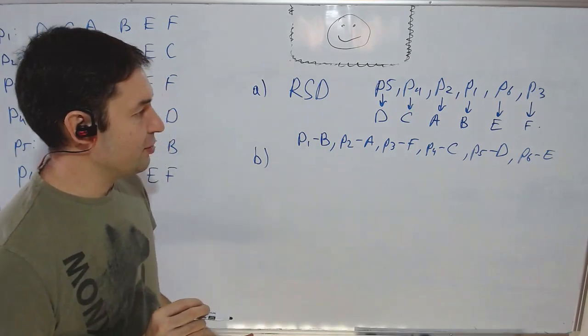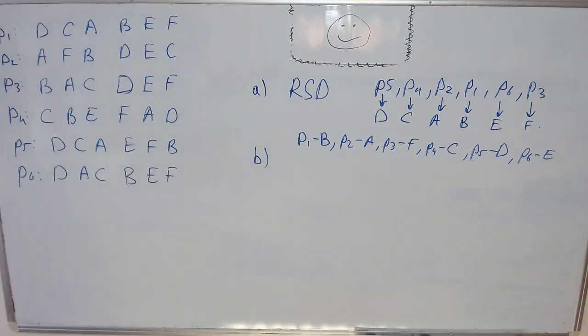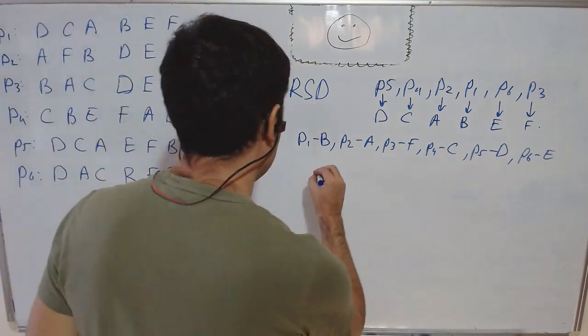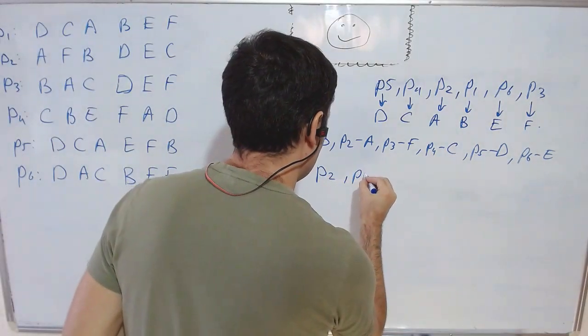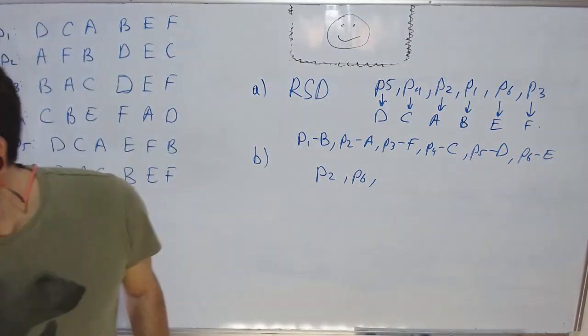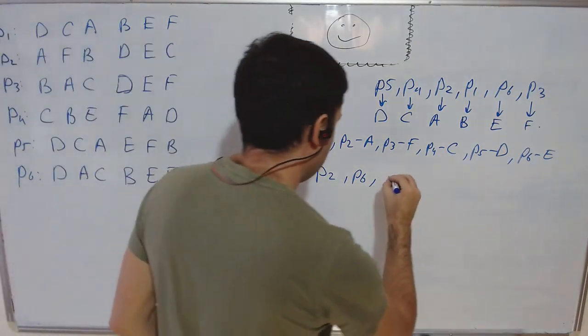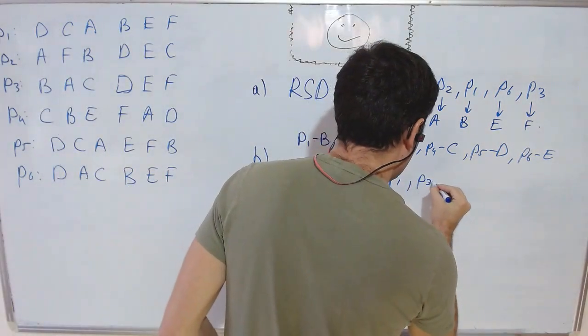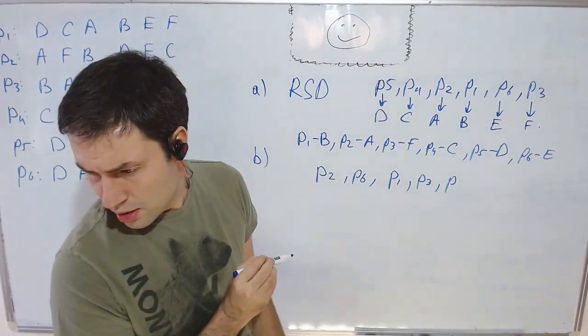Okay, so let's practice one more time. So again, random serial dictatorship, but with a different priority order. That was what part B is. So P2, P6, P1, P3, P4, P5.